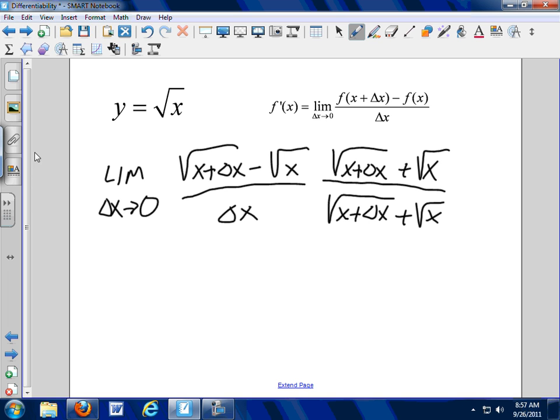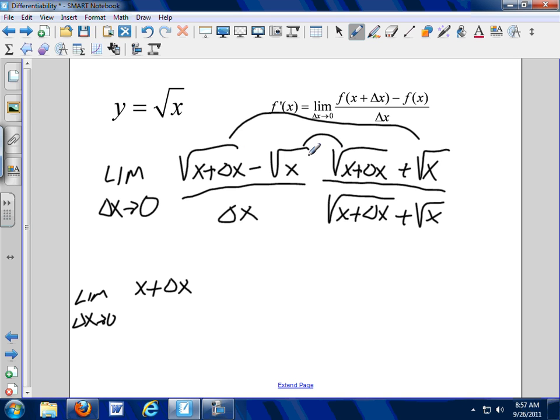Okay? So, to do that, we're going to do the multiplication. The square root of x plus delta x times the square root of x plus delta x is still x plus delta x. Let's write the limit just to be proper. Alright, so we've got x plus delta x. Remember, my inside and my outside terms balance each other off, neutralize each other.